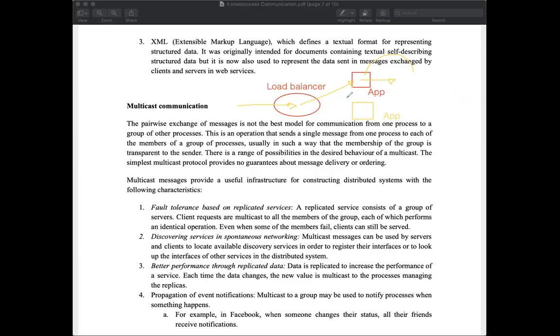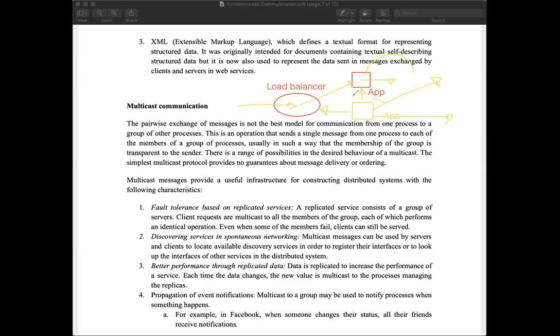Discovering in spontaneous networking, that's what we are discussing here. So this application can multicast to the respective services, and that enables network discoverability, right?